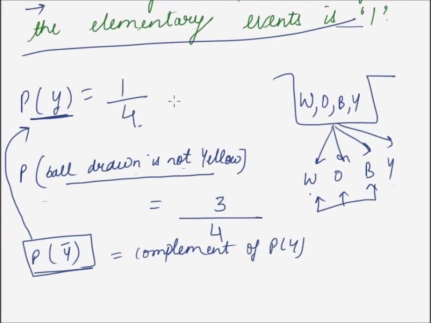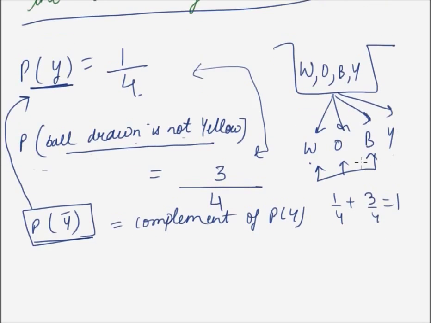If we compare both of these probabilities, we can see that their sum will give us 1. That is, P of Y plus P of not Y is equal to 1. Such events are also known as complementary events.